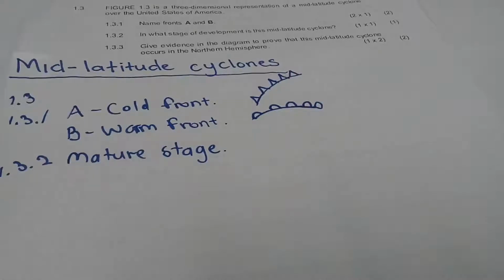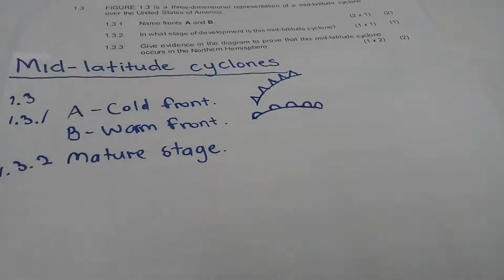When they meet, they form a front which is known as the polar front. That's the initial stage, and they cause some sort of a bend. So that's what happens initially in the formation of a mid-latitude cyclone. Then the mature stage begins after the initial stage.